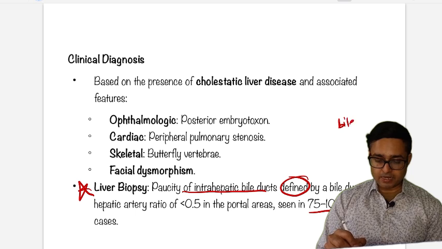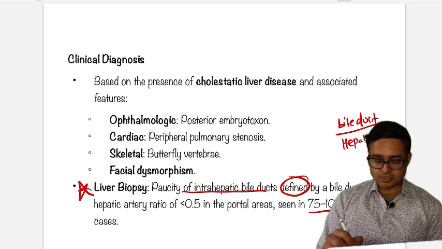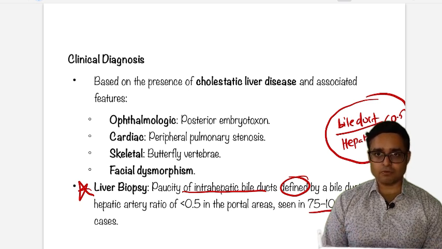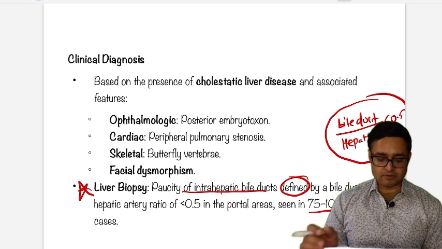Basically, the bile duct to hepatic artery ratio is less than 0.5, which is important, and this is seen in 75 to 100% of cases of this cholestatic liver disease on liver biopsy.